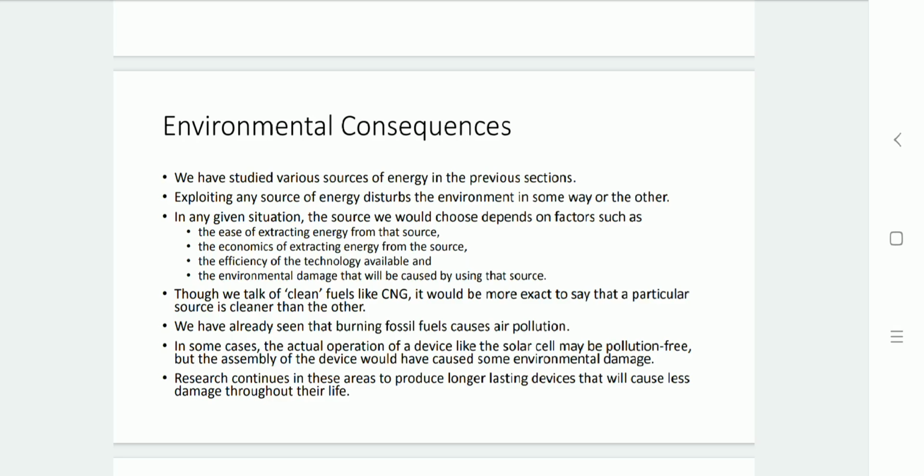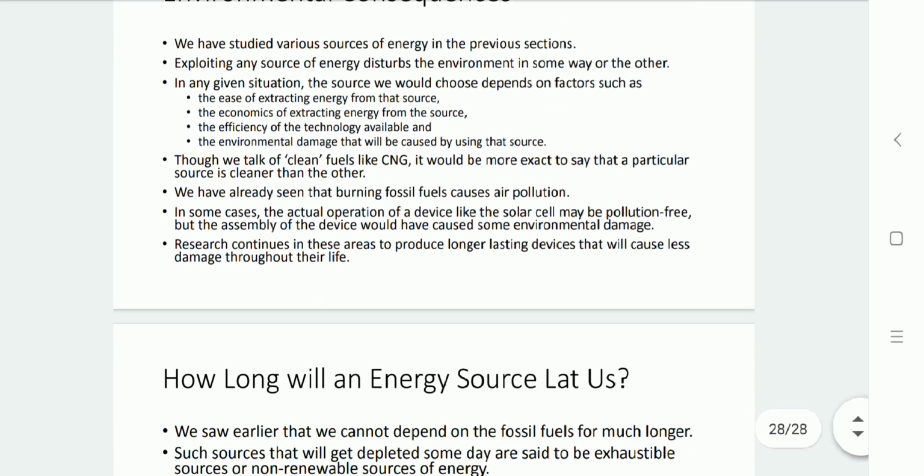Fossil fuel causes air pollution, which we have discussed. We may use a solar cell. It is pollution free, but its assembly and construction, while creating the solar panel, cause some environmental damage. Research is going on to reduce that environmental damage in the establishment of solar panels.